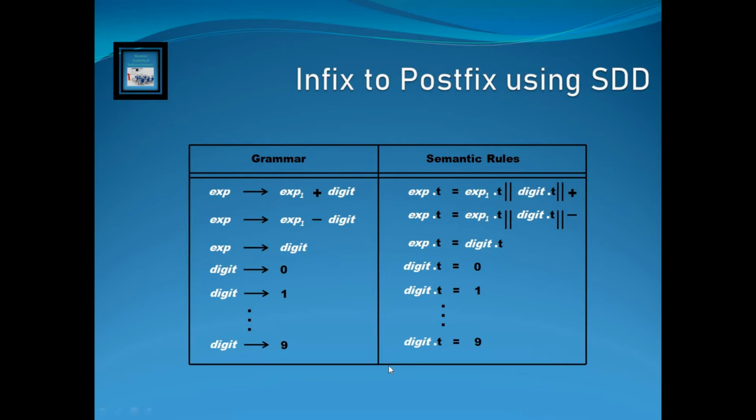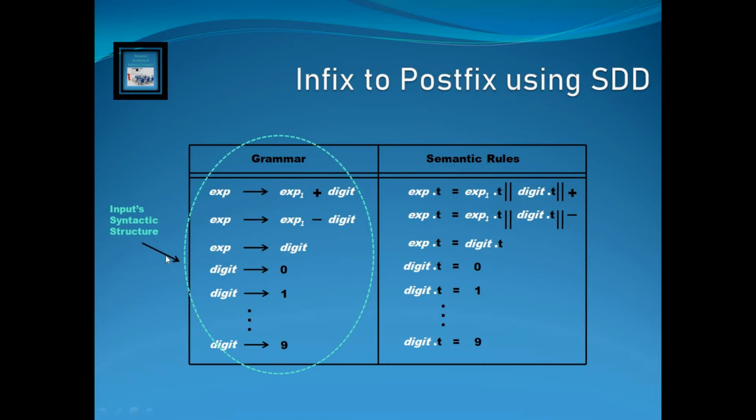Okay, so for example, if we want to convert the infix form of expressions into postfix form, then its syntax directed definition is given here. You can see here there are two columns. Within the first column, the grammar of infix form expressions is given, because infix form expressions are our input.